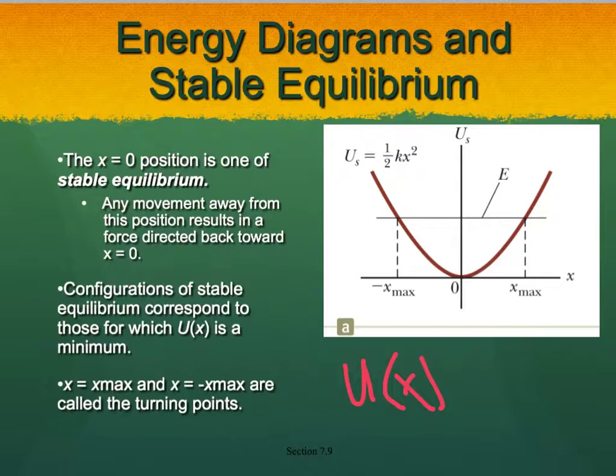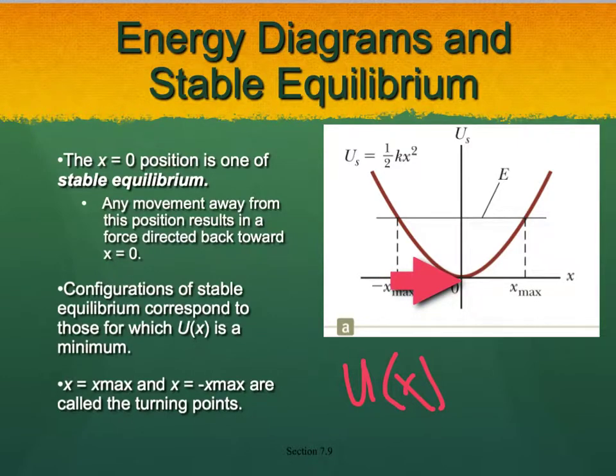Now let's look at the potential energy for a spring, because that's what we focused on in the last slide. Ultimately, we know that at x equals 0, that's where we're going to have that equilibrium point.